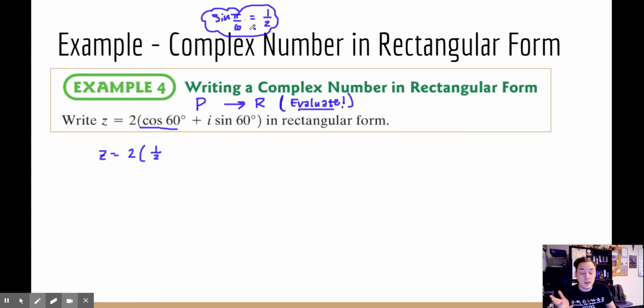If you want to know though the pi over 6s and the pi over 3s, all you need to know is that cosine of pi over 6 is literally just the opposite of sine of pi over 6. This is just radical 3 all over 2. And then if I do cosine of pi over 3, it's again just the opposite. It flips it. So it's not going to be radical 3 all over 2.